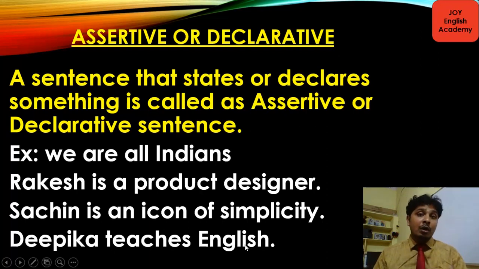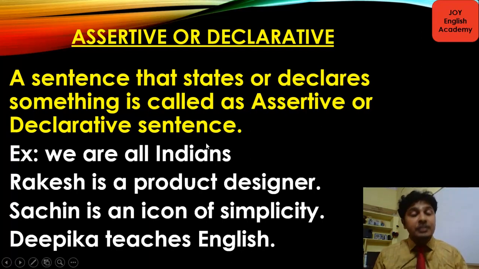Whom are we talking about? We are talking about a person by name Deepika. Okay, Deepika becomes the subject because we are talking about a person. Okay, and what are we talking about the subject? Saying that she teaches English. So this becomes the predicate of the sentence, right?